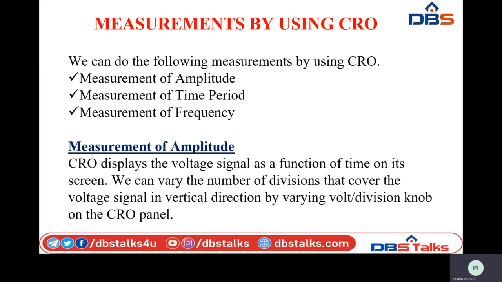We can measure the amplitude simply by varying the number of divisions that the voltage signal covers in the vertical direction, by varying the volt per division knob in the vertical section.